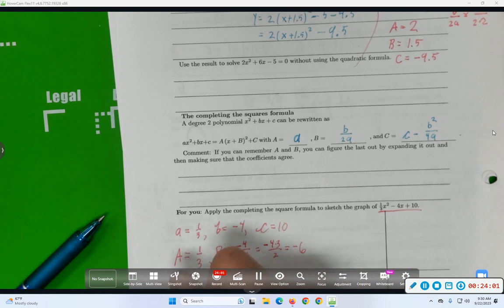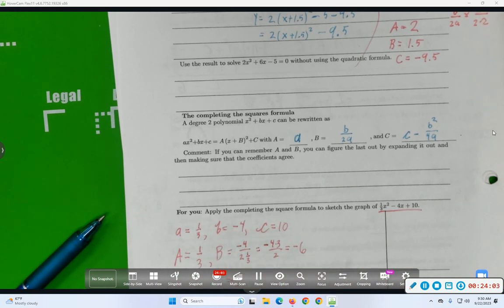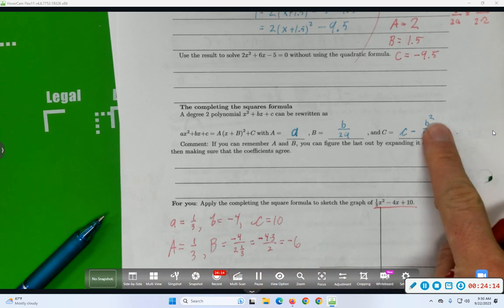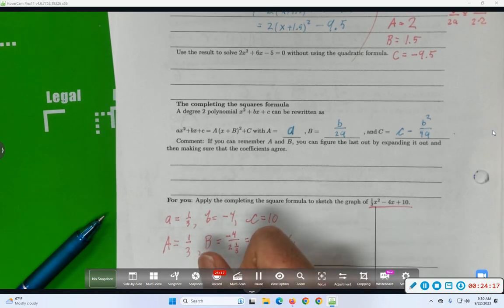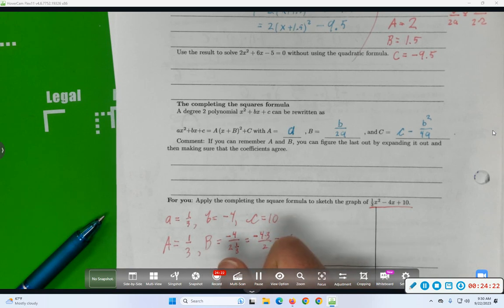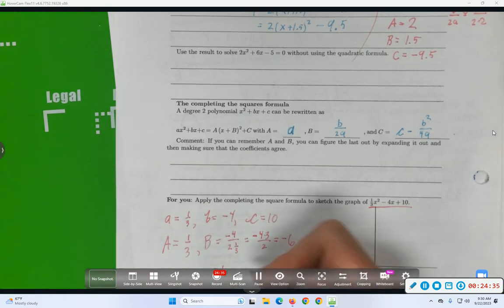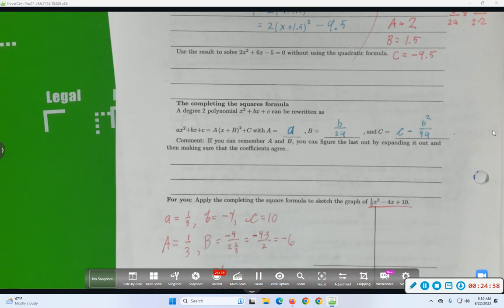All right, what about big C? Can we compute that one too? Sure hope so. Big C is little c, 10, minus b squared, -4 squared, divided by 4 times a. And there are a few parts there, just things to compute. -4, but I square it, so that negative sign doesn't matter.